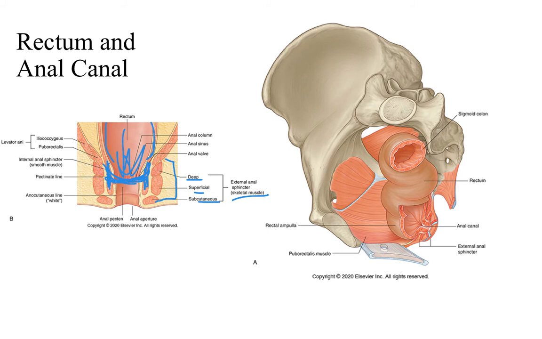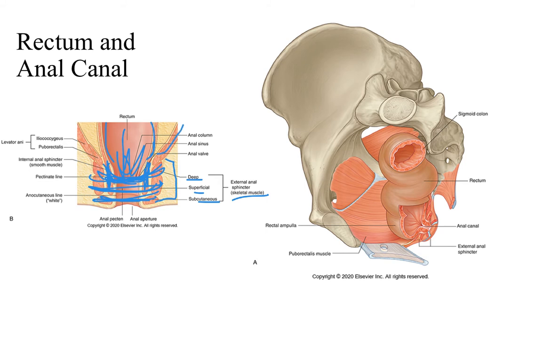So know them as the external anal sphincter, not necessarily the parts. And they also will go all the way around the outside of the internal anal sphincter, to help you maintain conscious control of defecation.